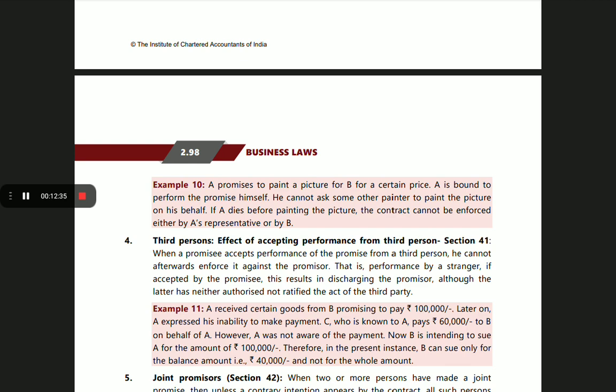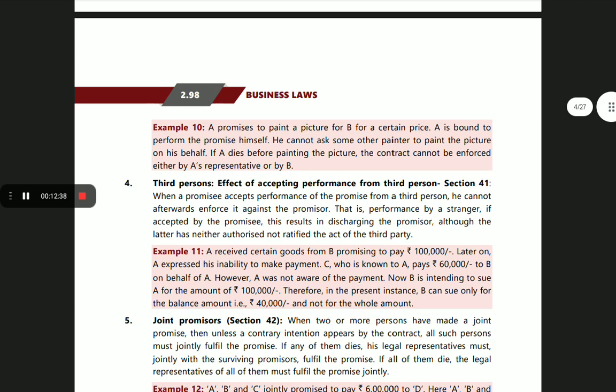Example: A received certain goods from B, promising to pay 1 lakh rupees. Later on, A expressed his inability to make payment. C, who is known to A, pays 60,000 rupees to B on behalf of A. However, A was not aware of the payment.